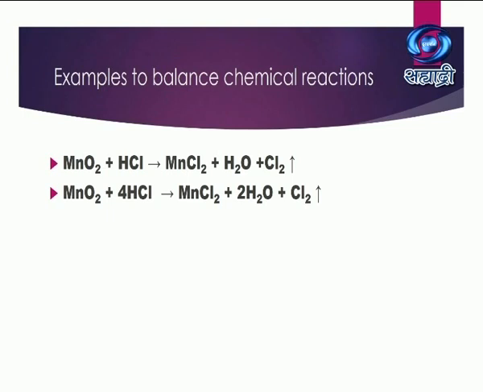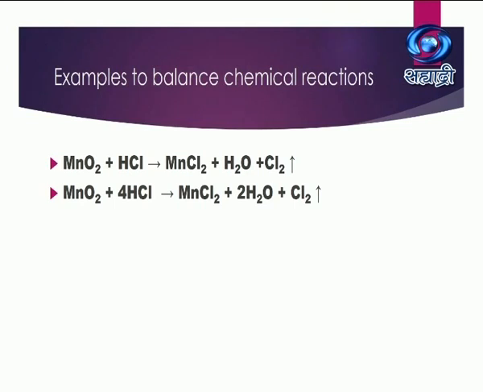So in all, 4 atoms of chlorine are balanced. Same way for hydrogen, 4HCl means there are 4 atoms of hydrogen on the reactant side. On the product side, when we write it as 2H2O, that means there are total 4 atoms of hydrogen on the product side. So this is how the reaction is balanced.